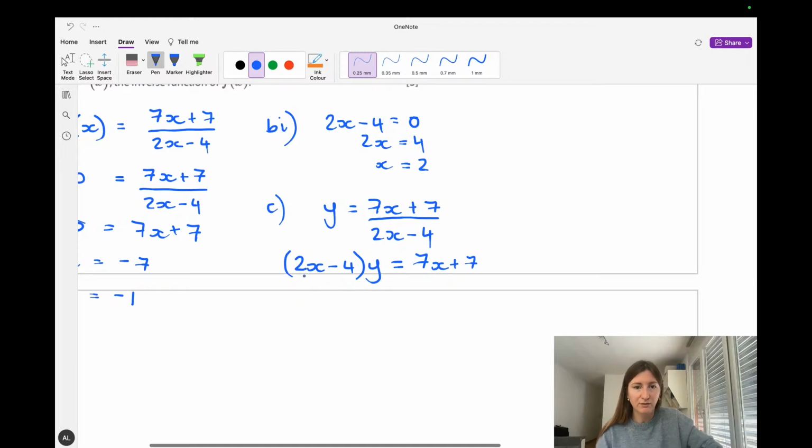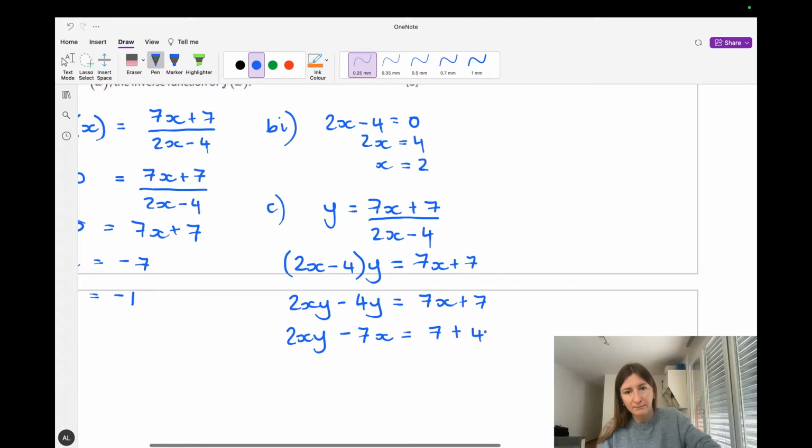Okay, so we multiplied over, then let's multiply out the brackets. So we have 2xy minus 4y equals 7x plus 7. Now I want to move all my x terms to one side and all my y terms to the other. So x terms on the side, minus 7x, and my y terms to the other side, so 7 plus 4y, moving that one over.